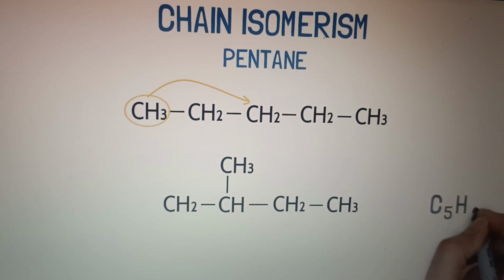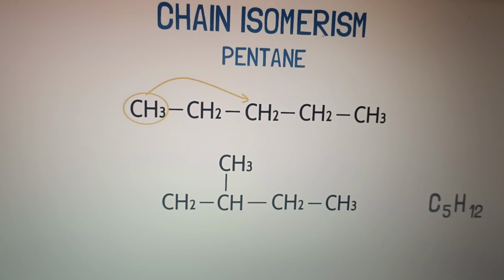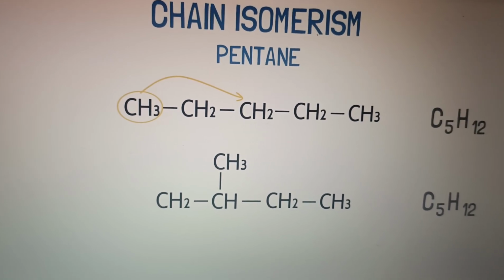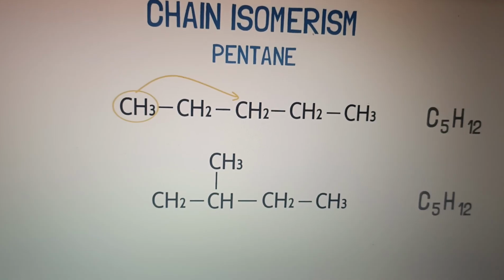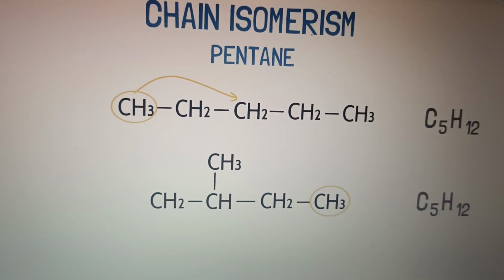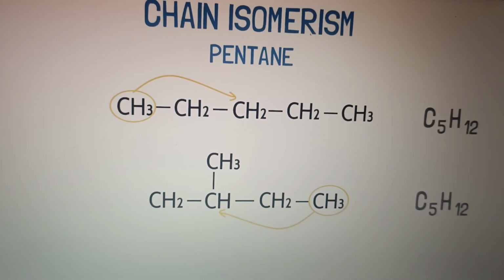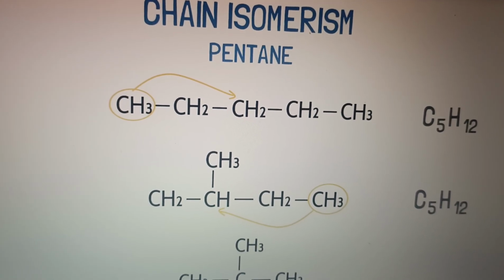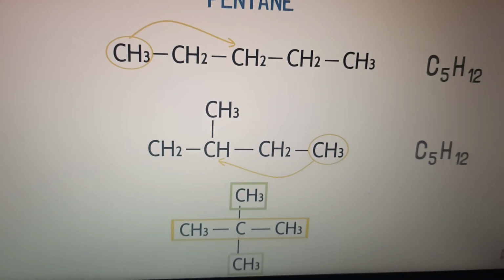The molecular formula is C5H12 and the first one is also C5H12. Apart from this, another one will be formed, when the right side chain CH3 comes to its CH, it will form this structure. Its molecular formula will be the same, C5H12.